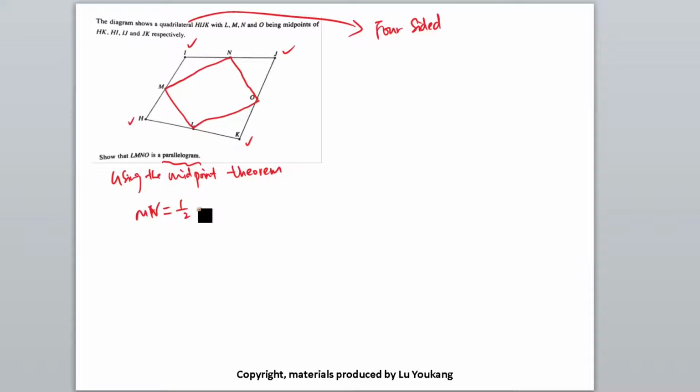So by using the midpoint theorem, my MN is actually half of HJ. And not only this, I can also say that my LO is also half HJ because of the midpoint theorem.